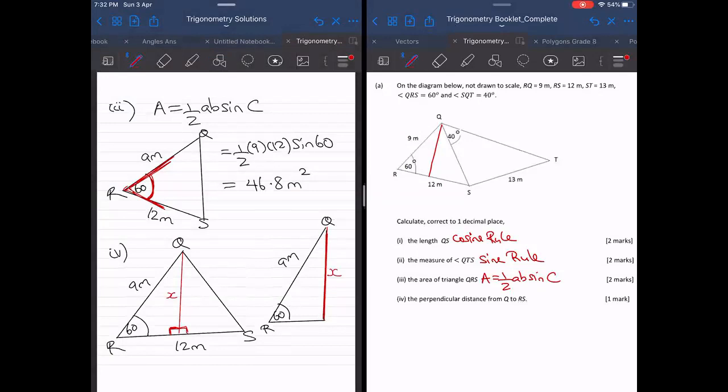Did you notice it was just 1 mark? So it wasn't supposed to be something difficult. They just want the distance if you draw a straight line from Q to RS, but perpendicular means forming right angles, forming 90 degrees.